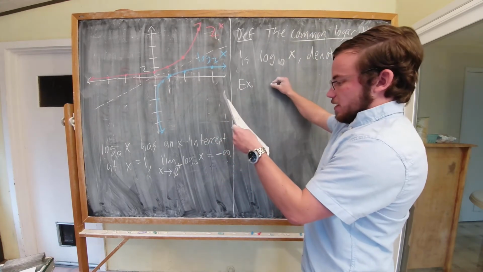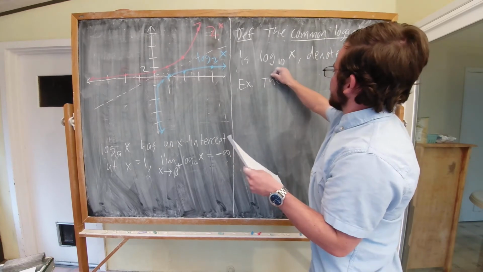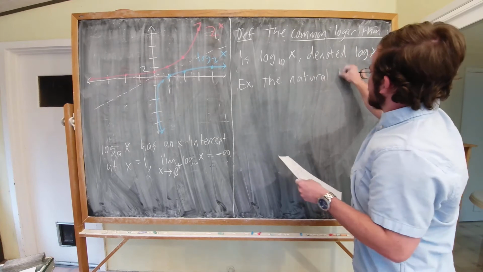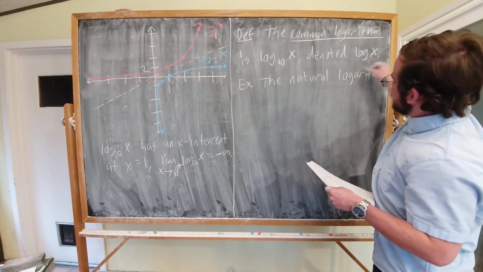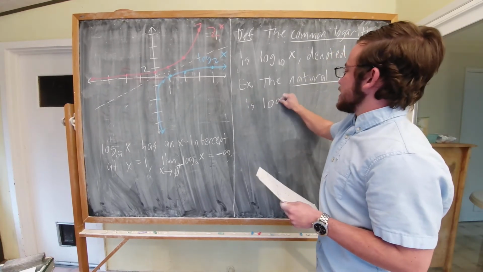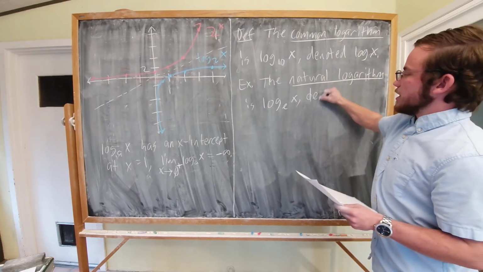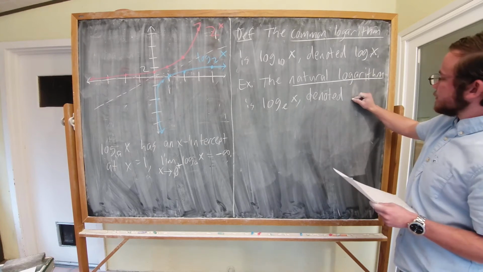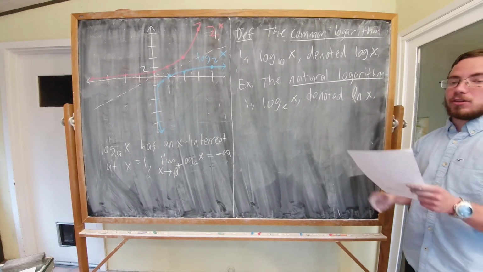So, the natural logarithm is log base e of x, denoted ln of x for natural log.